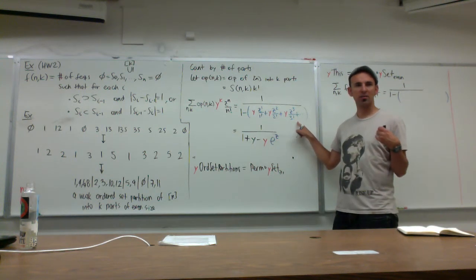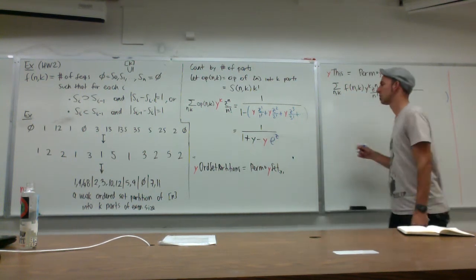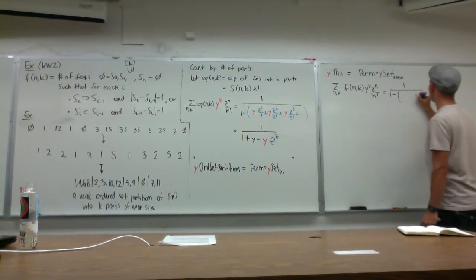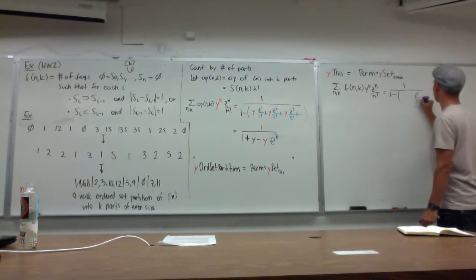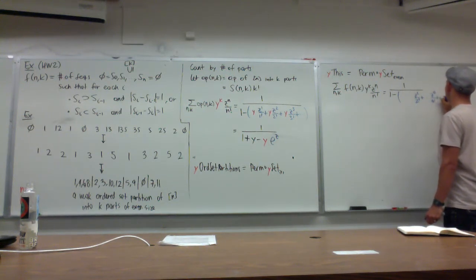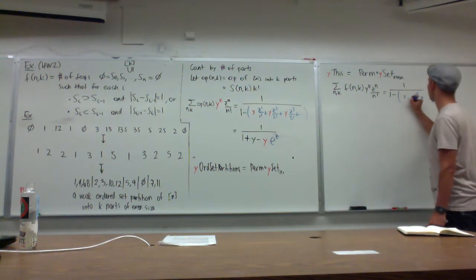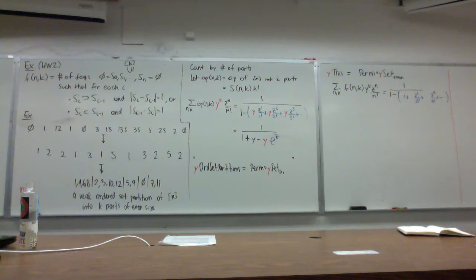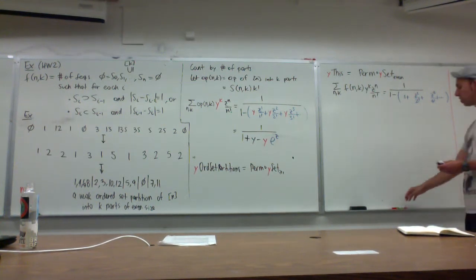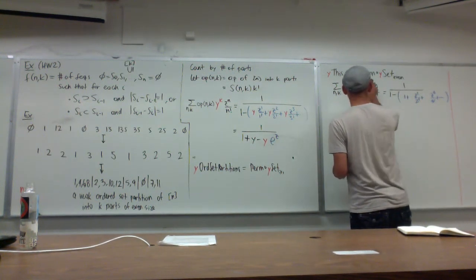Now I'm allowed sets of even size. Okay? So I'm allowed a set of size 2, set of size 4, etc. And I'm also allowed a set of size 1. Okay, but I need to put my y weights in, and let me keep them in.